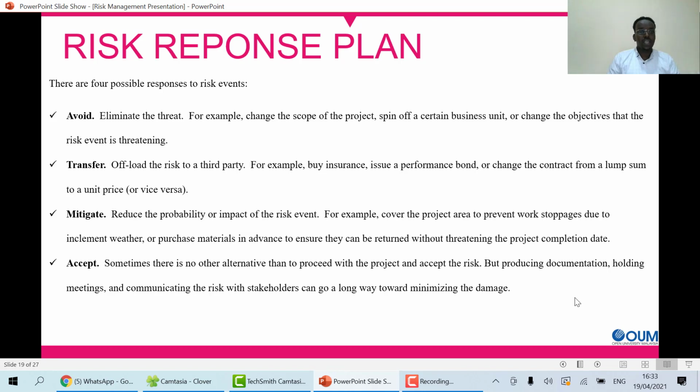For the risk response plan, you have four options to respond to a risk: the first is to avoid, the second is to transfer, the third is to mitigate, and the fourth is to accept.